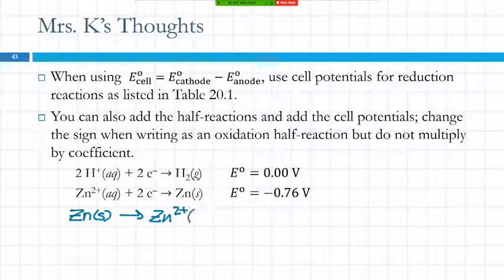Oxidation at the anode, plus 2 electrons. So I've taken this equation and I've reversed the direction. So the standard potential for that is opposite in sign.